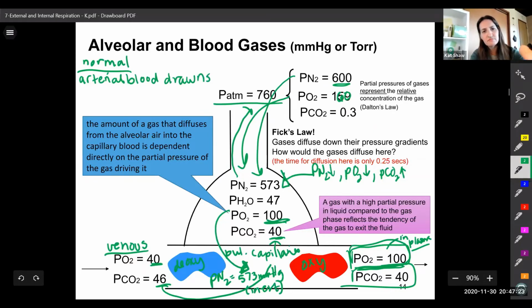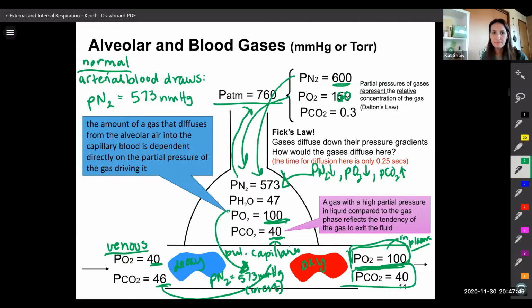Normal values for arterial blood draws. We expect that if we measure the partial pressure of nitrogen in your arterial blood, it should be at 573 millimeters of mercury. It should not fluctuate very much, especially if you haven't changed altitude, for example, or haven't gone deep sea diving.